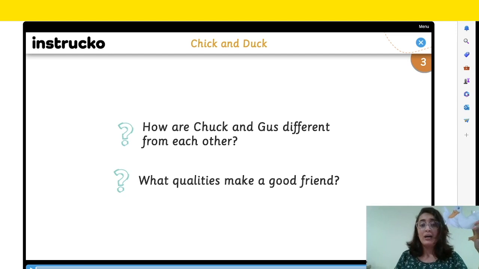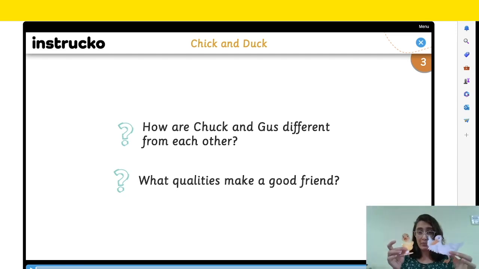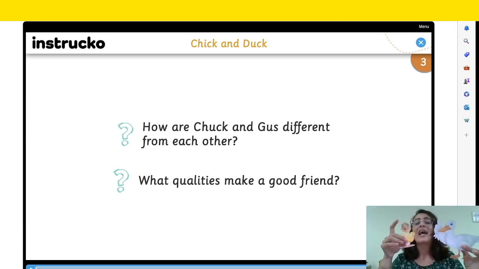Before we move further in our story, I would like to ask you all, what is the difference between Chuck and Gus? Can you see the difference between these two birds? Yes, Chuck is a chick and Gus is a duck, right? Other than that, what are the differences in their physical appearance? Very right.